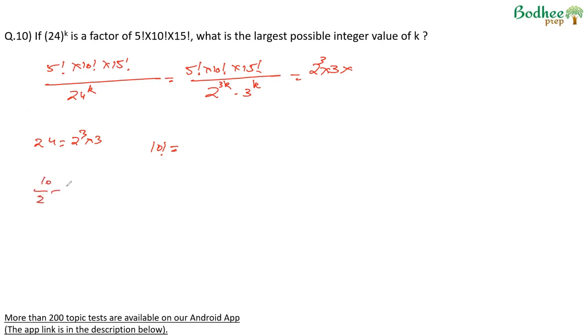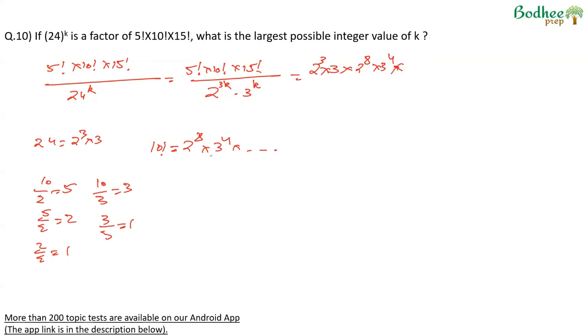So 10 by 2 is 5, 5 by 2 is 2, 2 by 2 is 1. Standard process, 2 raised to power 8. In terms of 3, the power of 3 will be 10 by 3 is 3, and 9 will have another power, so 4. So 2 raised to power 8 into 3 raised to power 4 into whatever is left.